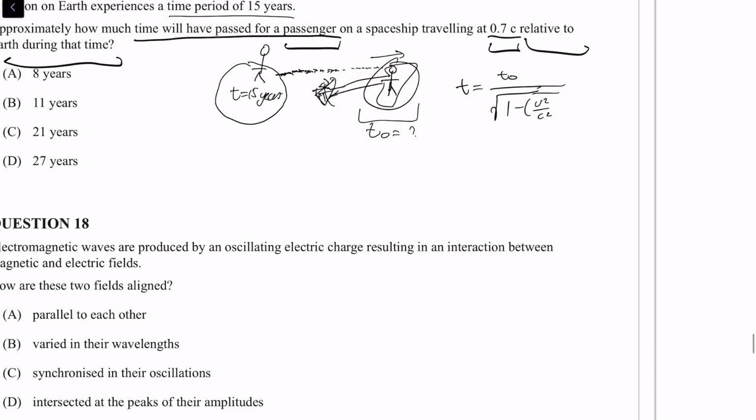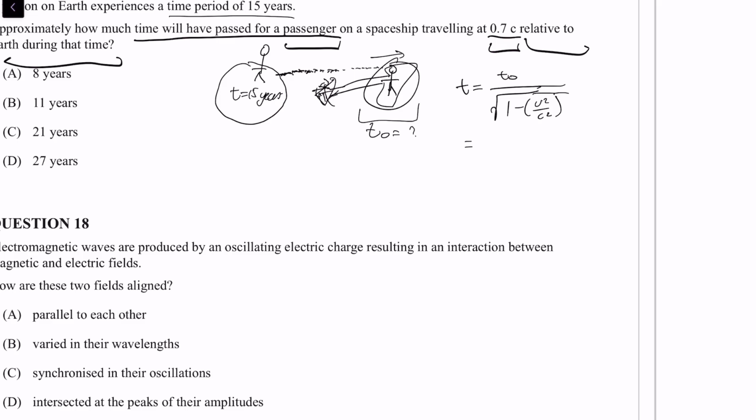Now, for these time dilation questions or any special relativity questions with a V squared over C squared, I like to do it by hand because putting 0.7 C as a speed sometimes doesn't really come to mind on what to do. It can be a bit confusing. But the math really cancels out well in these sort of special relativity questions. So I'll show you how.